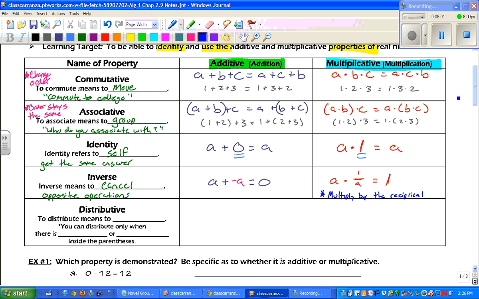All right, one more property. This is what we talked about the other day in section 2.6. Distribute means to multiply. And you can only distribute if there is addition or subtraction inside the parentheses.